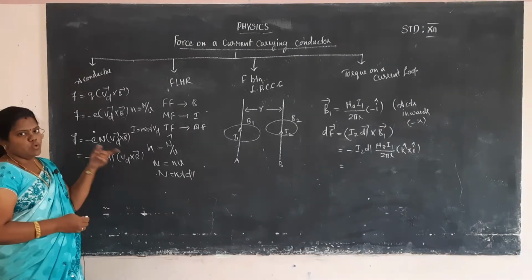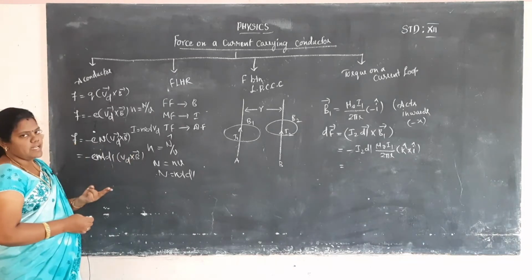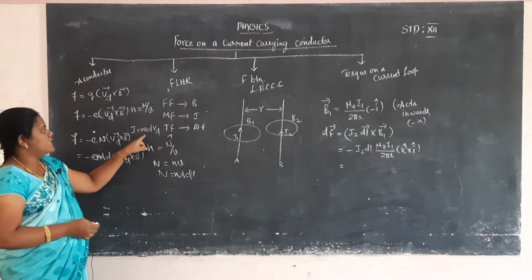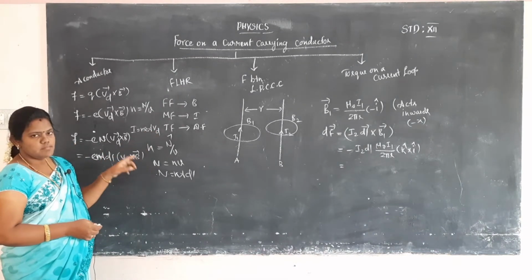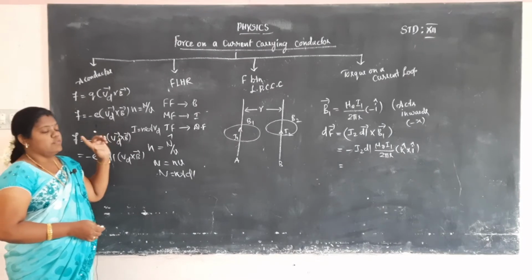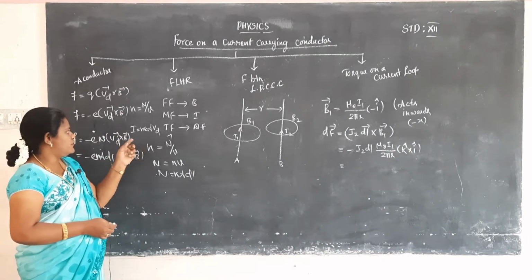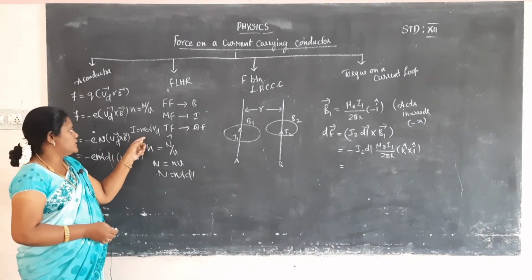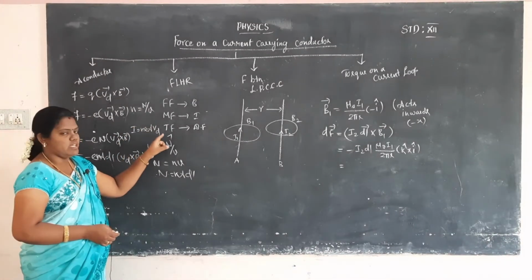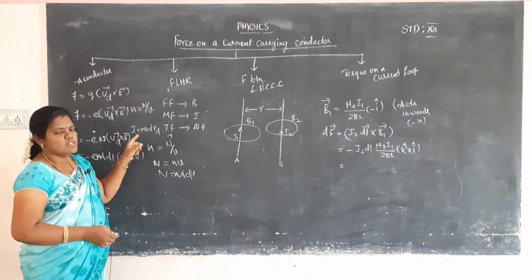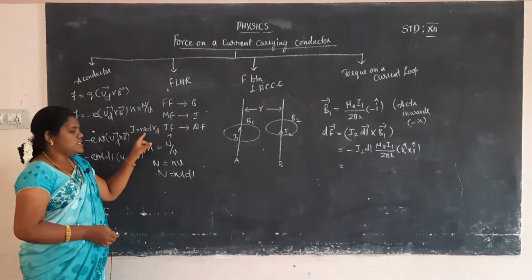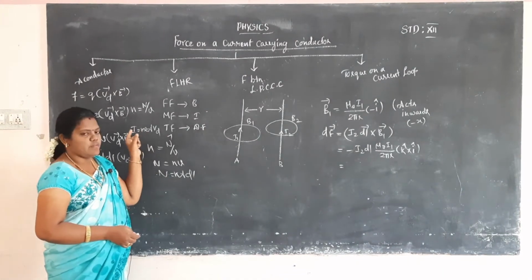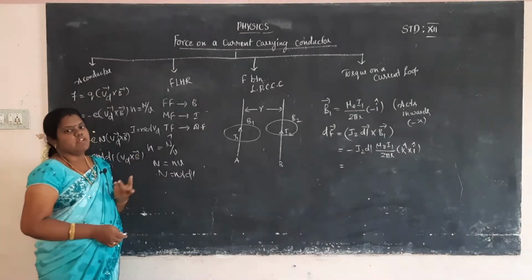Already you learned in the second lesson that current I is equal to n e A Vd. This is the formula that relates the drift velocity and current. So current I is equal to n e A Vd, where n is the number of electrons per unit volume, e is the charge of one electron, A is the area of the conductor, and Vd is the drift velocity.